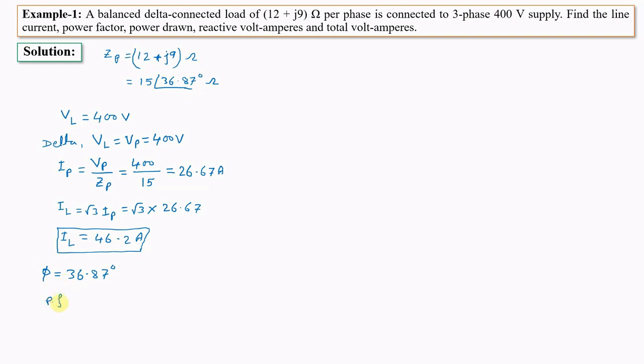So the power factor of the load is cos phi, that is cos 36.87 degree. So we'll get the power factor of the circuit as 0.8 and it will be lagging, because the impedance is given as a resistive inductive circuit. Therefore the power factor should be lagging.